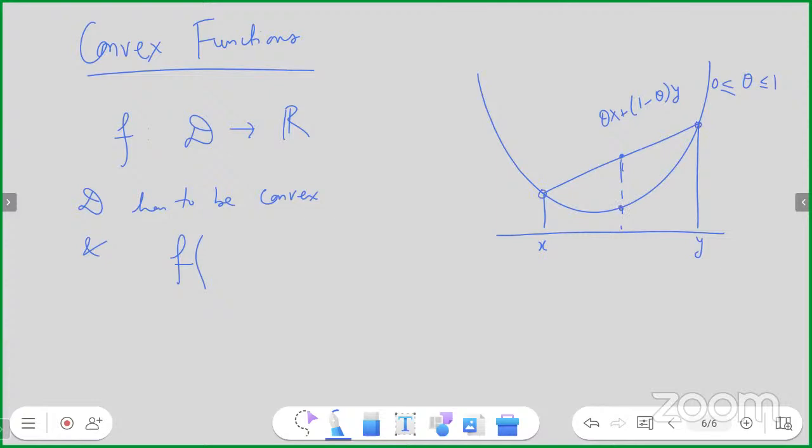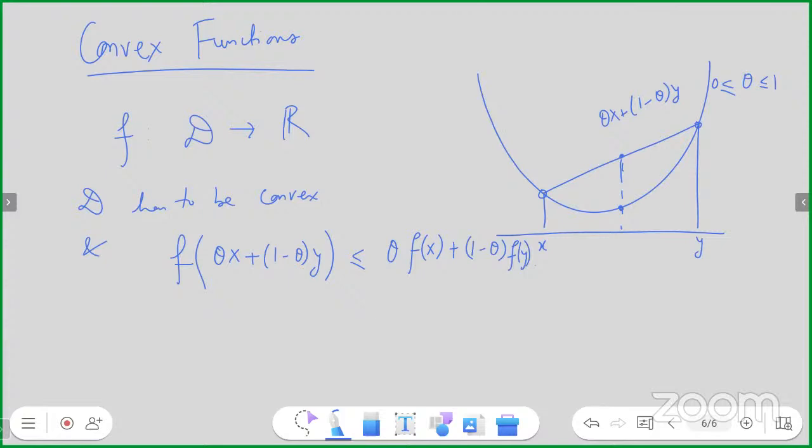So what will that look like? f of theta x plus 1 minus theta y is less than or equal to theta f of x plus 1 minus theta f of y. It's always difficult to remember which direction this goes. Always make the picture, never make a mistake.